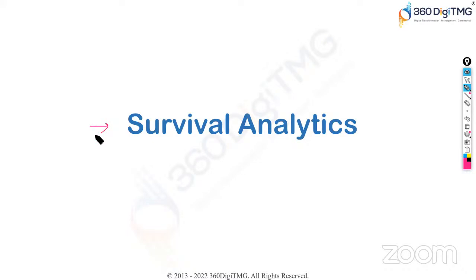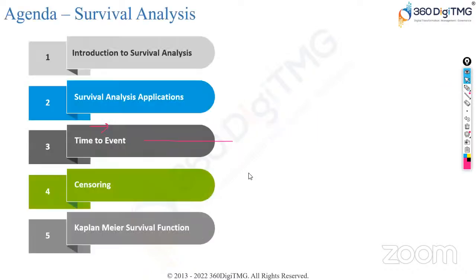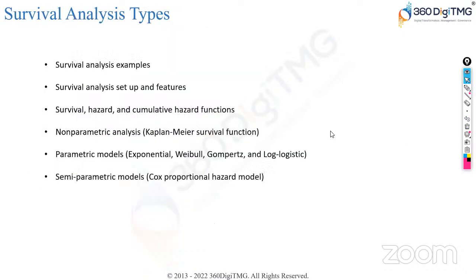Though the terminology looks like more of a healthcare-related terminology, survival is a generic term that we need to consider here. There are many applications, many use cases of survival analytics. We will talk about some of them. We'll also see how survival analysis is implemented and what components we basically use.